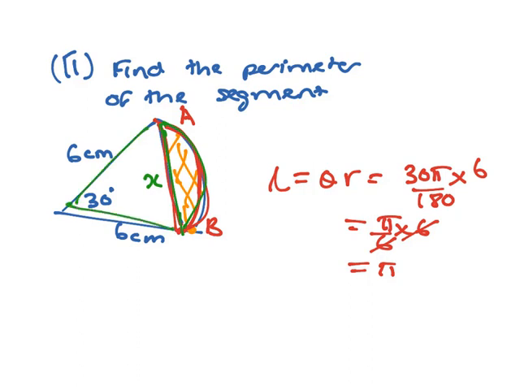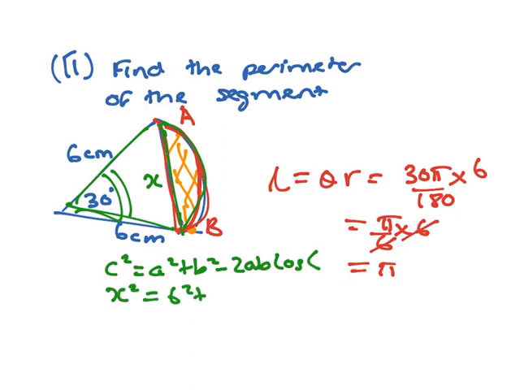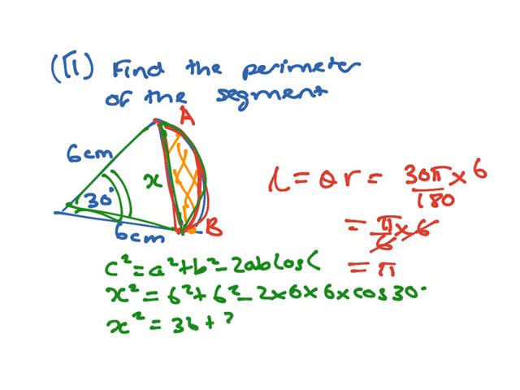So we've got 2 sides and 1 angle, so I'm going to use the cosine rule. C squared is a squared plus b squared minus 2ab cos C. So x squared equals 6 squared plus 6 squared minus 2 times 6 times 6 times cos 30 degrees. That x squared is 36 plus 36 minus 2 36's, which is 72, and cos 30, which is root 3 on 2.